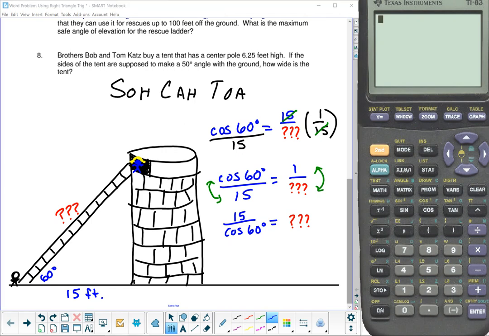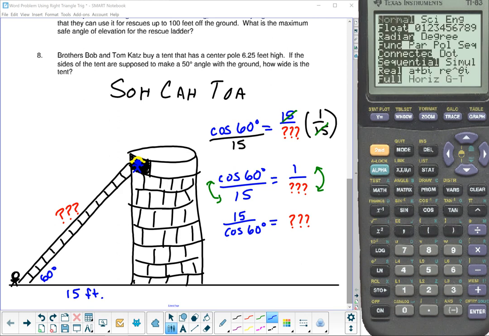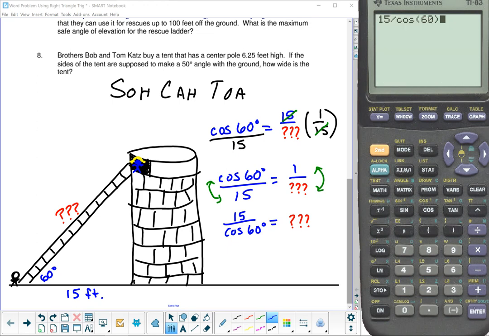So in your calculator, you would type in 15 divided by cosine 60. Make sure you are in, see, I'm in radian mode, and check out what happens. I get some weird, funky number, negative 15.4, as my question mark.